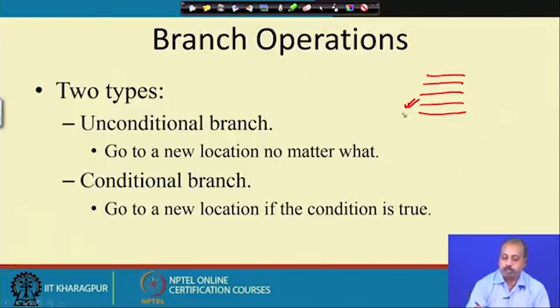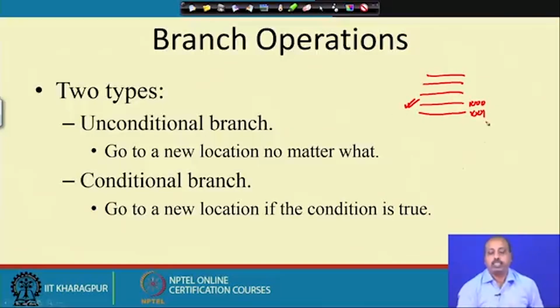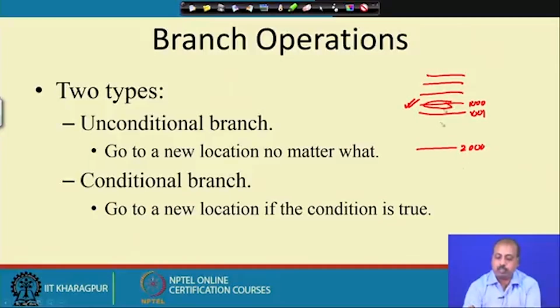Suppose this is location 1000 and this is location 1001. After instruction 1000 is executed, instruction 1001 will be executed. But if for some reason the next instruction to be executed is at location 2000, then this instruction should transfer the control, instead of to 1001, to 2000.